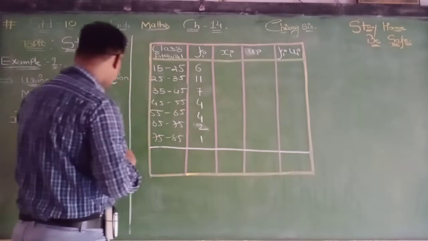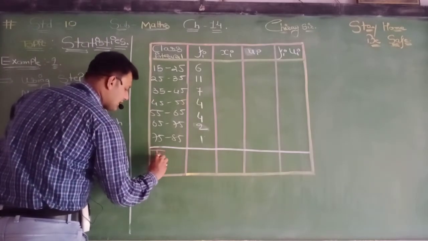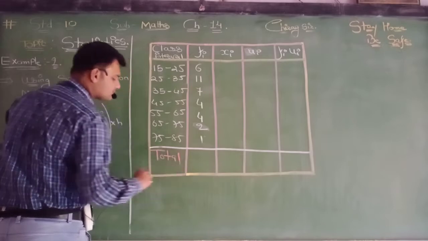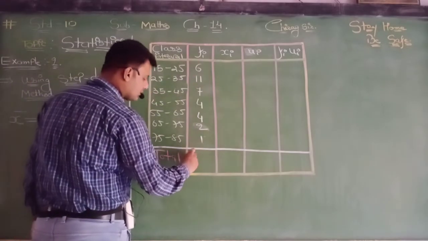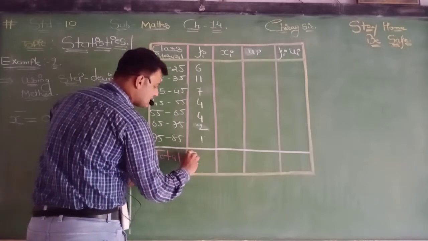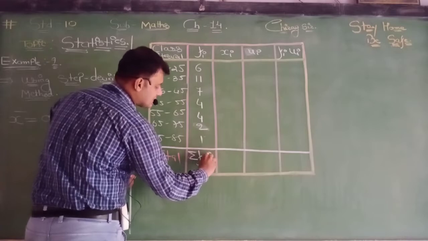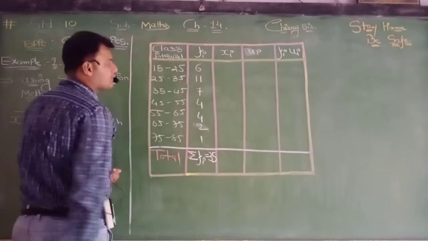Now, how to start? Here I will write total. The total of the frequencies is known as sigma fi, and that is 35.